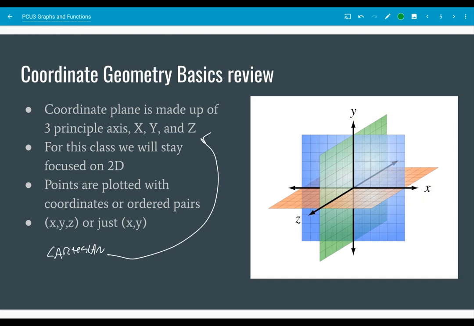For the bulk of this class, we will just stay in 2D. And for this unit in particular, we're exclusively going to stay in 2D. So looking at x and y. Remembering that points are ordered pairs. It's either going to be an ordered pair or an ordered triple for the third dimension.